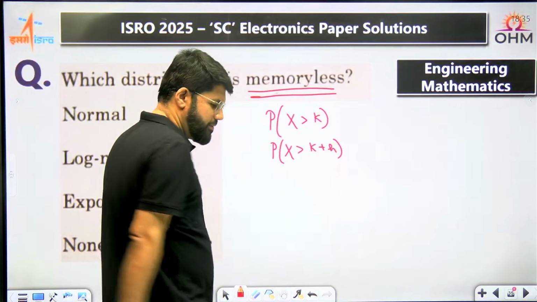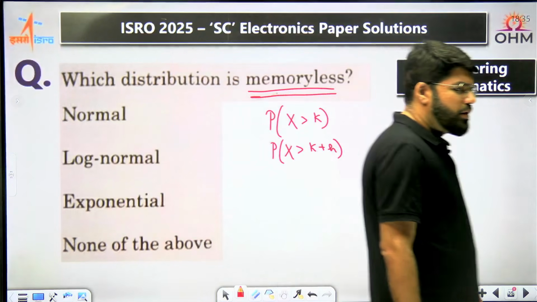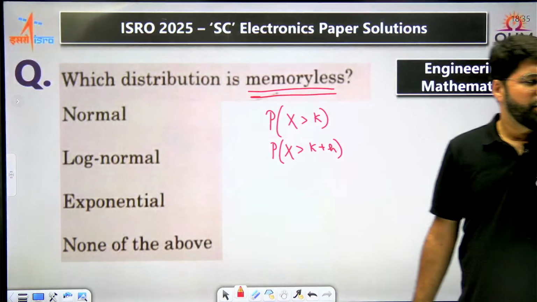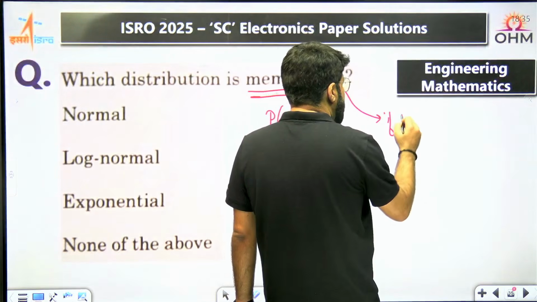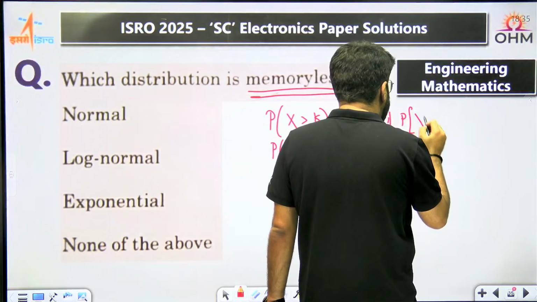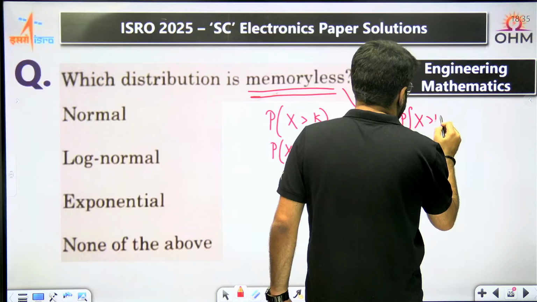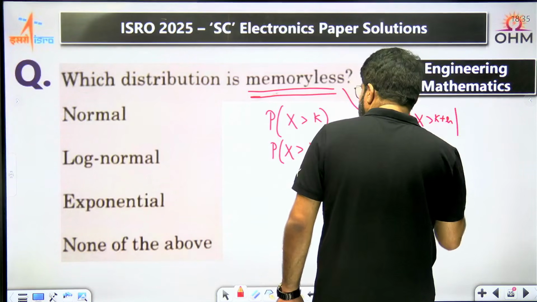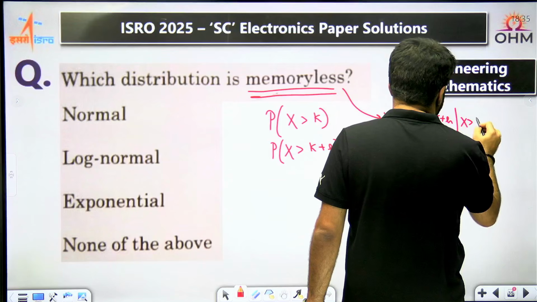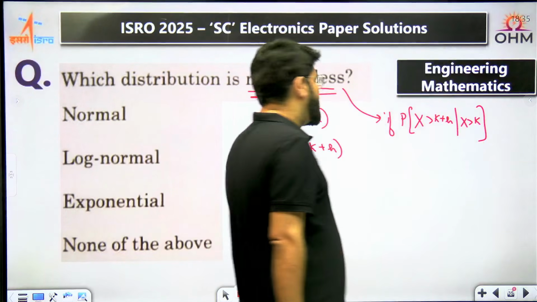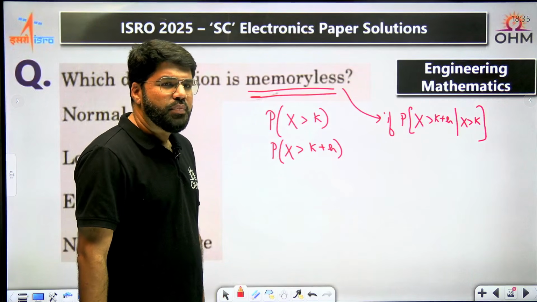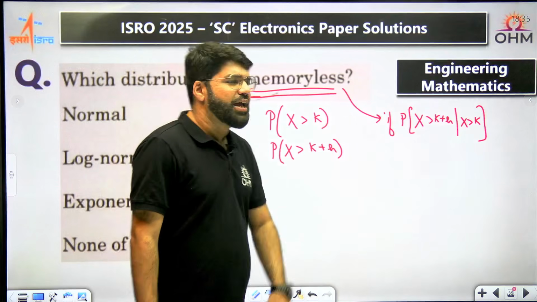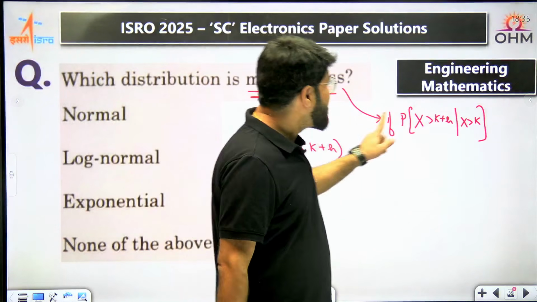A system will be memoryless if the probability X greater than k plus h, given that X greater than k, is independent of k.